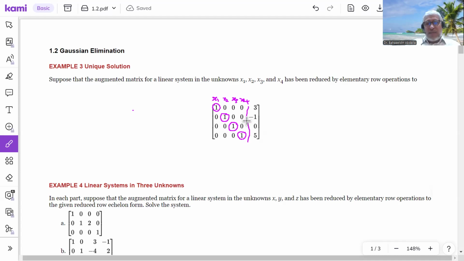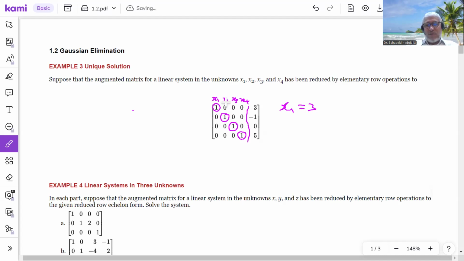So can we write the system? Can you write now the system after you reach this form? Yes, of course. The first equation would be x1. 1 is the coefficient of x1 and the other variables zeros. So 1 times x1, or x1, is equal to 3.